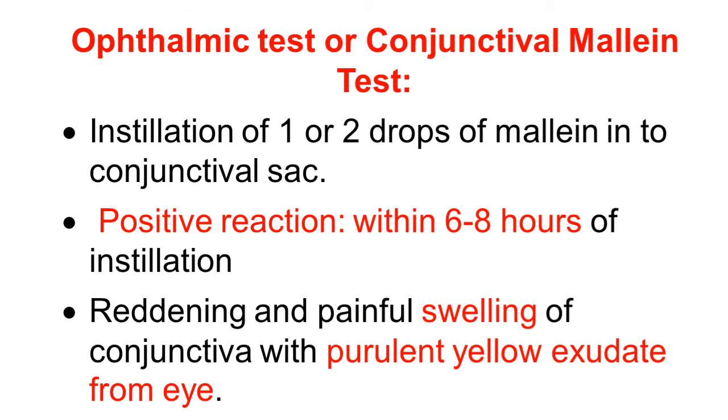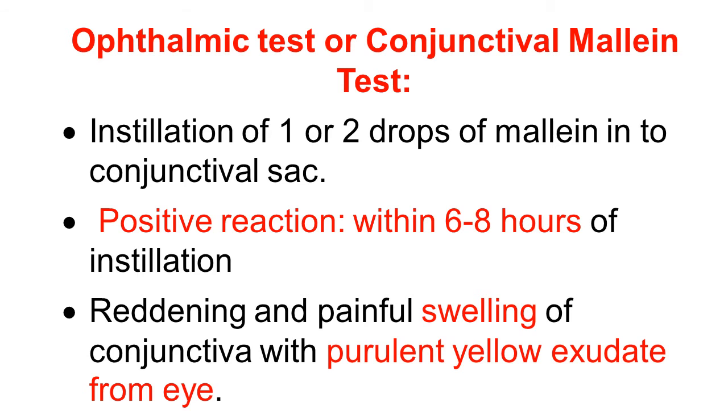Another mallein test is the ophthalmic test or conjunctival mallein test. It is ophthalmic because this test is performed in the eye, and conjunctival because mallein is instilled in the conjunctival sac. Here 1 to 2 drops of mallein are instilled into the conjunctival sac.